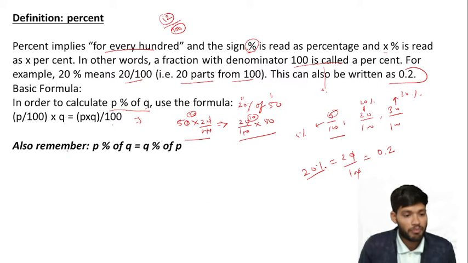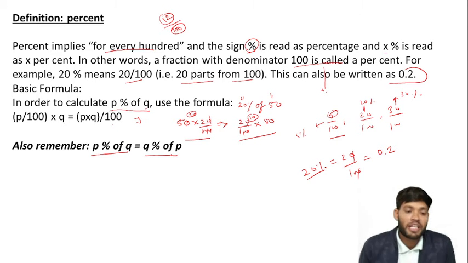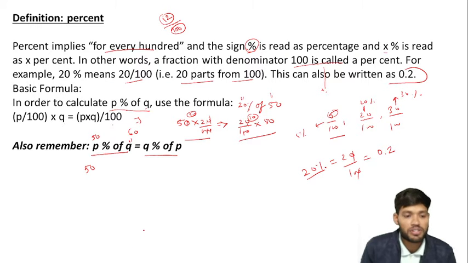Also remember, p percent of q is equal to q percent of p. This is the main point we have to remember in our mind. Suppose p is equal to 50 and q is equal to 60.